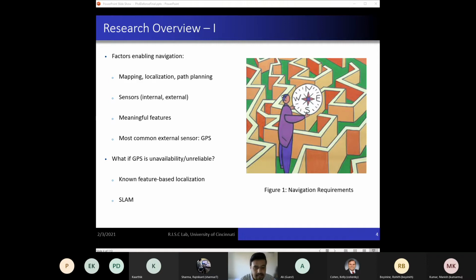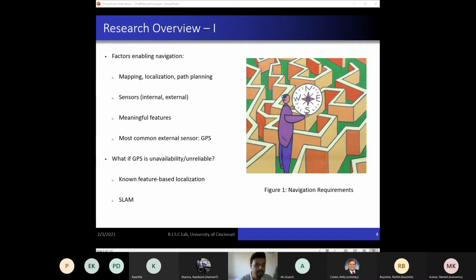These sensors can be internal, such as IMUs or inertial measurement units, wheel encoders or odometry, or external, such as the Global Positioning System or GPS, range tags or vision tags. However, just having good sensors is not good enough. For the sensors to work properly, they need to pick up meaningful and appropriate information from features in the environment. These detection and data gathering steps require computation and data association.